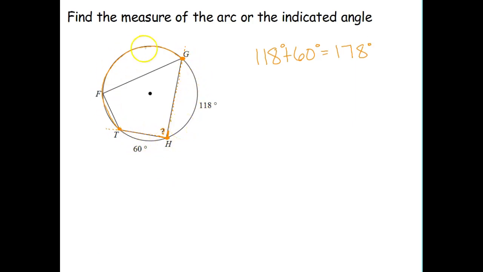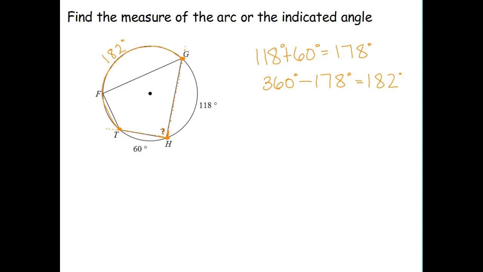So in order to find this intercepted arc here, we just take 360 minus 178, and that gives us 182 degrees. Okay, now that 182 just tells us what the intercepted arc is.